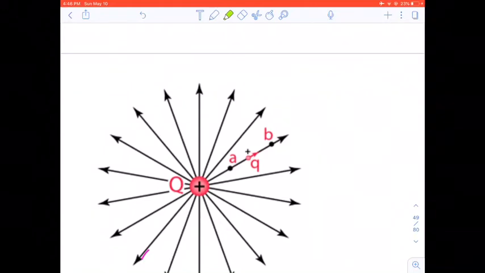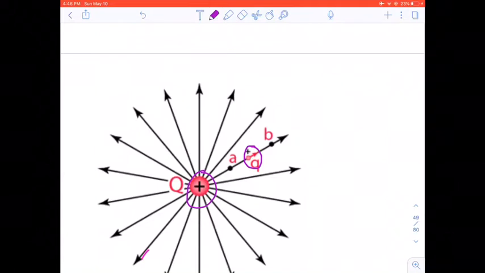If you look at the field, here you will see that you have a positive charge, and the field moves from that positive charge outwards. If we look at a test charge, a test charge is a very tiny charge which we bring into the vicinity of the electric field of a positive charge.